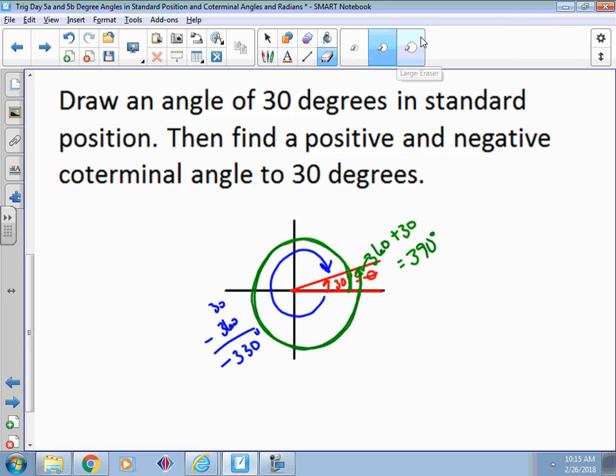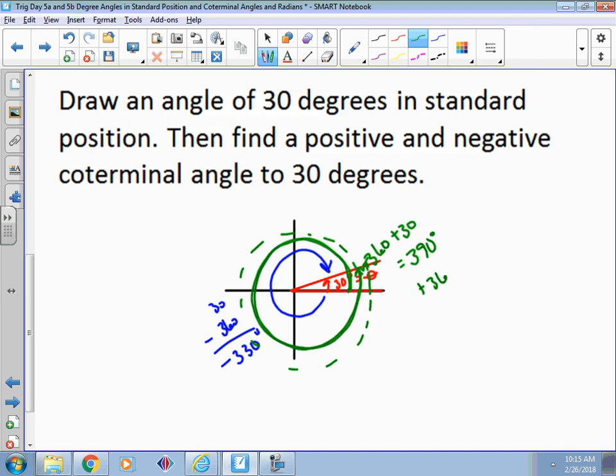Well, if you wanted to, you could go around and do an additional 360 degrees. Hey, what if I wanted to do that? Then what would my coterminal angle be? Well, add another 360 degrees to that, and that'd be 750 degrees is an additional positive coterminal angle.